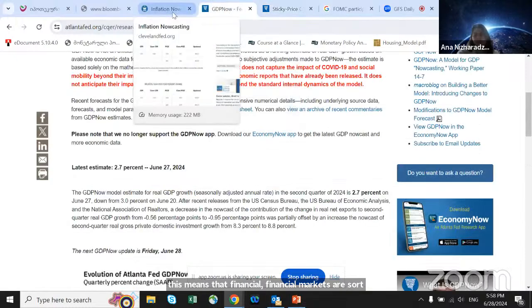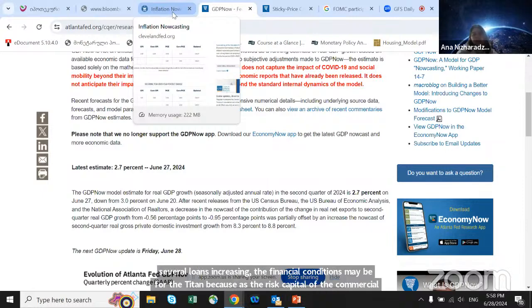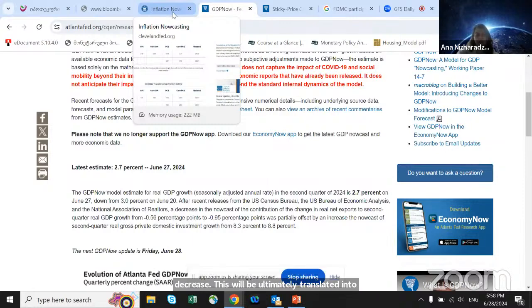Financial conditions may be further tightened as the risk appetite of the commercial banks further decreases, and this will ultimately be translated into lower credit and ultimately lower consumption.